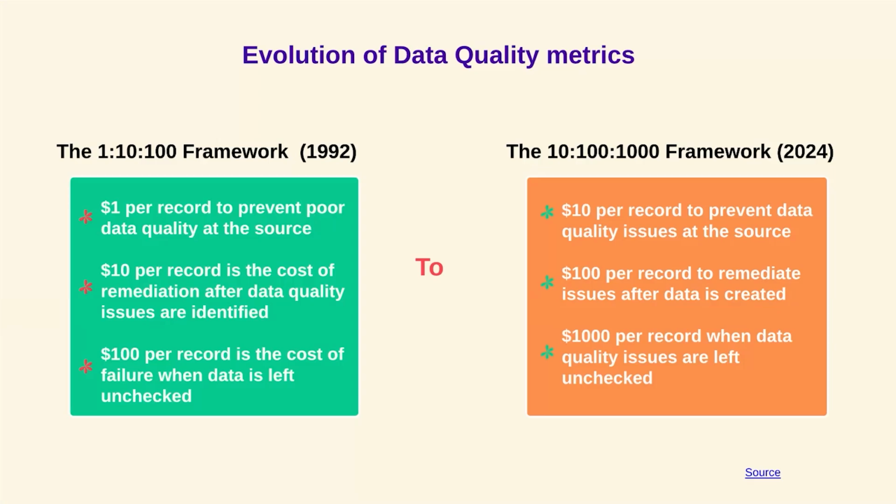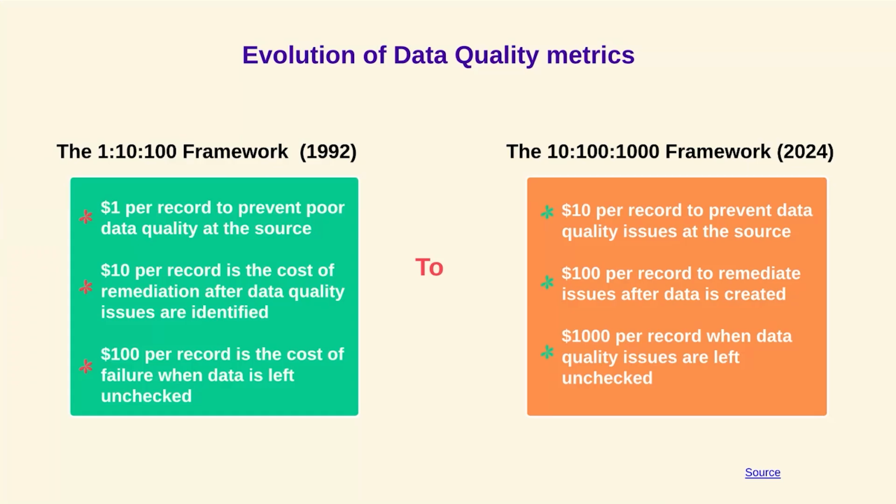But this is back in 1992, when people had on-premise solutions. Most of their software was in their local system. But now, since we are in the cloud and we are using multiple softwares that are spread across, and not all of these softwares seamlessly talk with each other, the cost to even prevent a data quality issue is significantly higher.